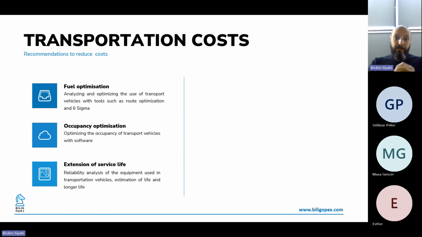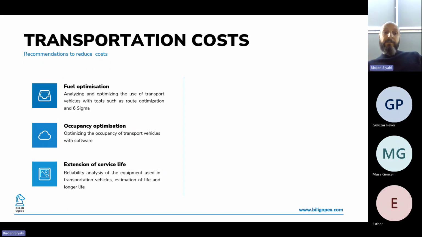You know, the fuel prices are very high right now in Turkey. If you have a lot of trucks that are going to your clients and your suppliers, you need to optimize those trucks and other equipment that are carrying your inventory. By using route optimization and Six Sigma, you can get enormous improvements from that.